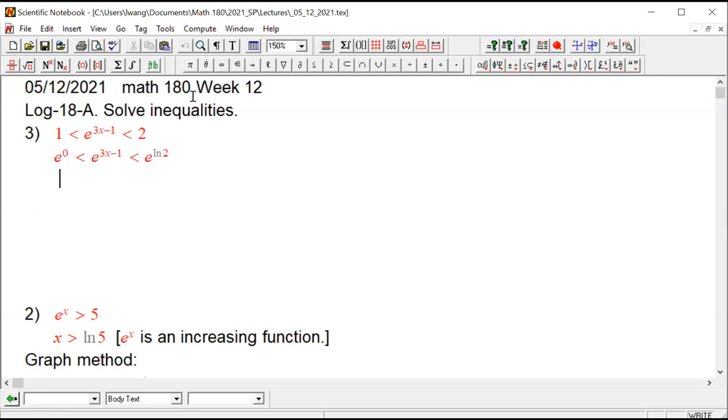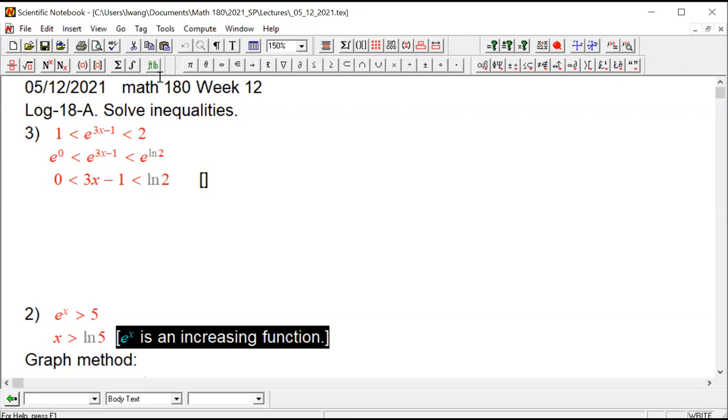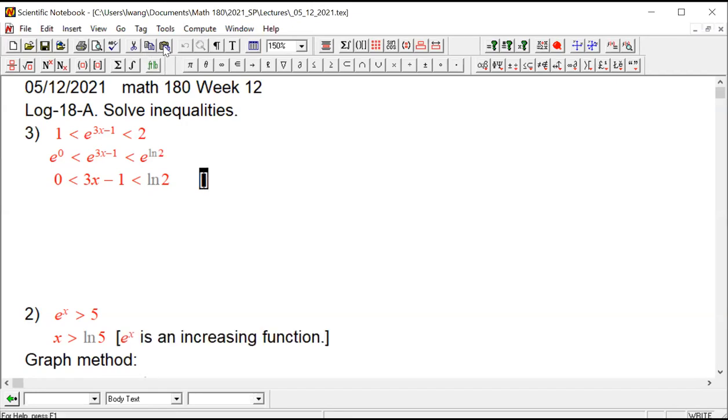Therefore, we will have 0 less than 3x minus 1, less than ln 2. Here I'm going to put the note: e to the power x is an increasing function. And then we're almost done.